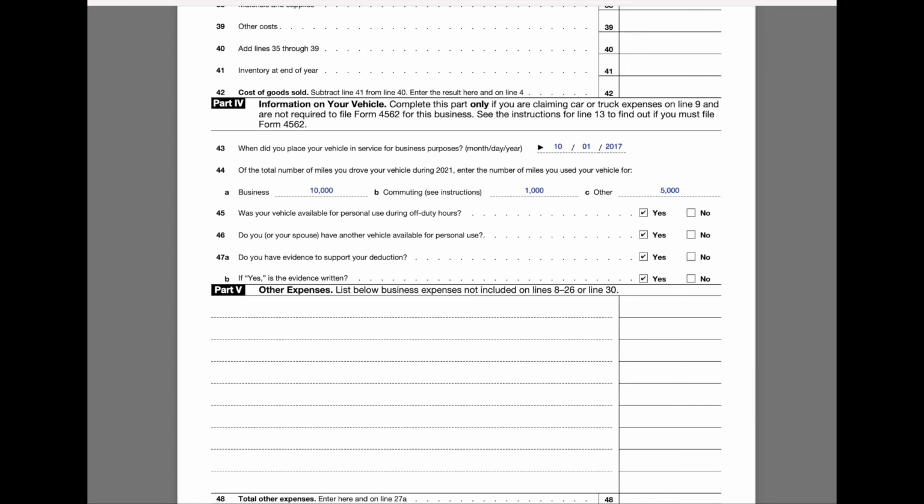Line 5, other expenses. Here you would enter any other ordinary and necessary expenses not already identified above. One example that I mentioned earlier was the cost for starting up a business on letter H. And the other one that we mentioned was organizational costs.